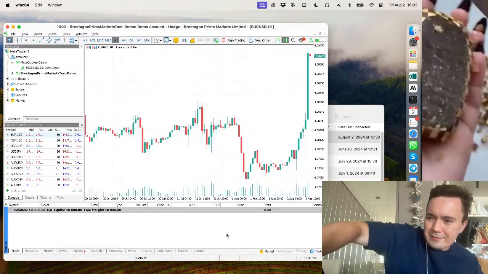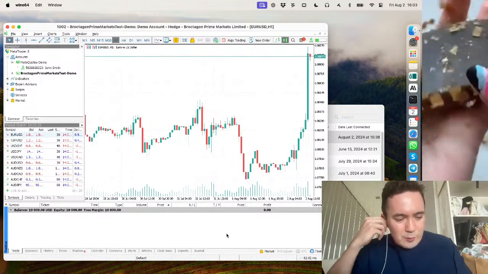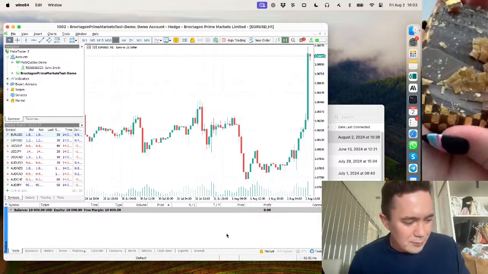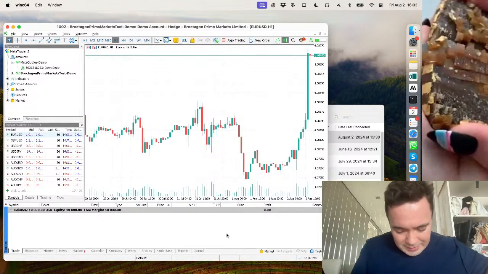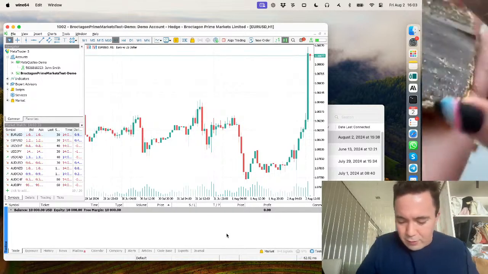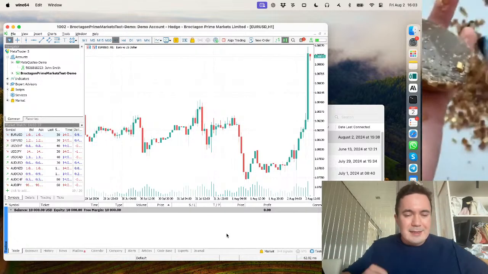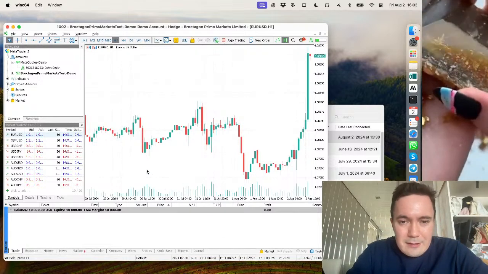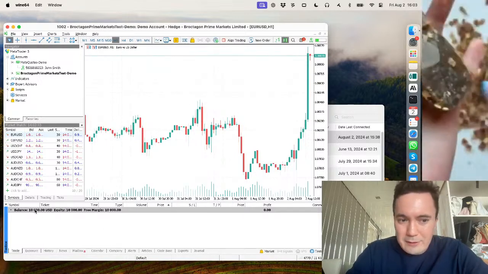What do we do as a trader to do risk management on a trading account? You probably already know all these things, so let's recap them. On a trading account, we have the balance.